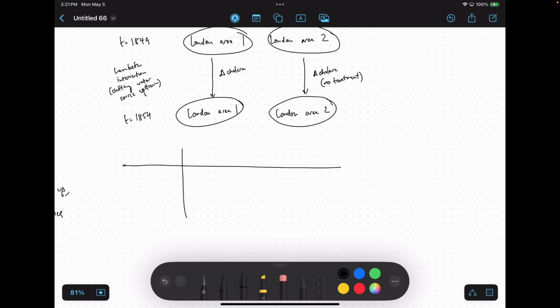Okay, and so if you actually look at the data, we have death rates in 1849 versus death rates in 1854. And you have non-Lambeth, so this is Area 2, versus Lambeth in Area 1.